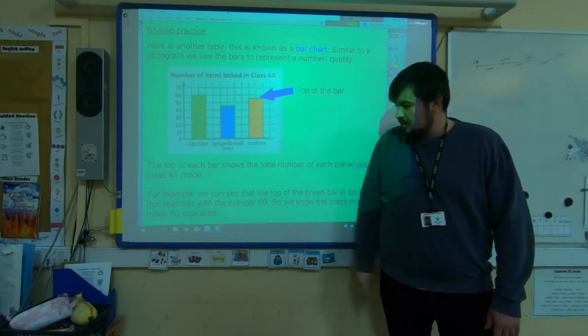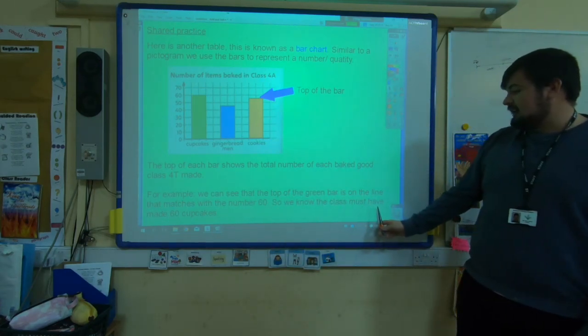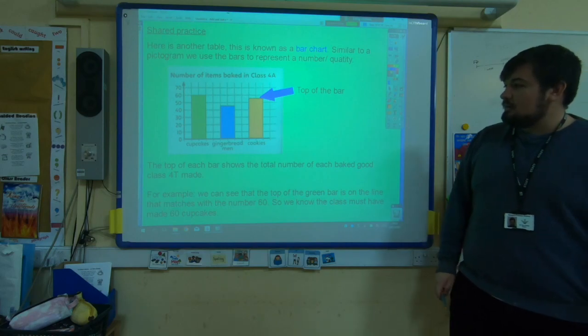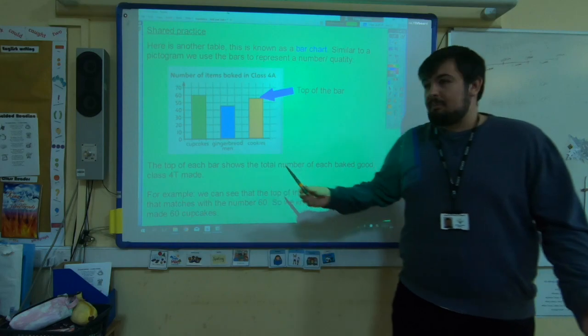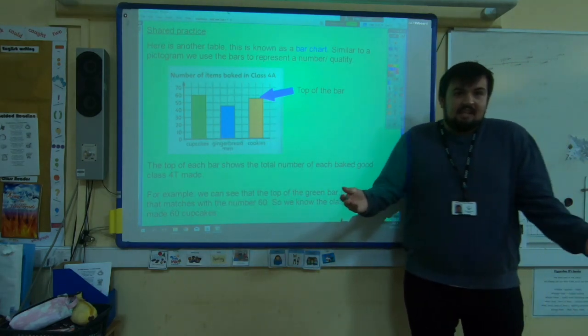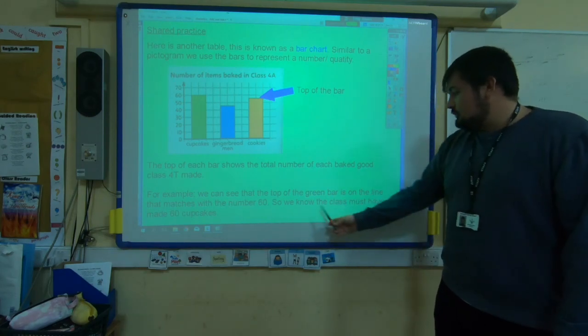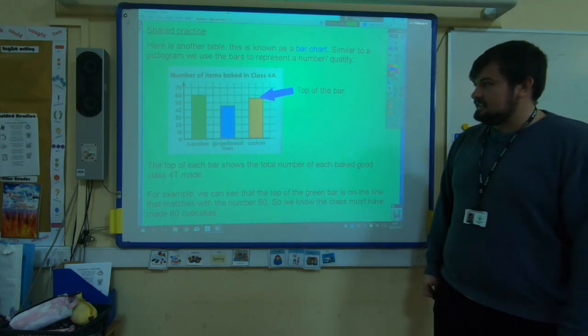So, for example, we could say that the top of the green bar is on the line that matches with the number 60. Can you see that? It matches up. So how many cupcakes would I say that they had made? 60. So we know the class must have made 60 cupcakes.